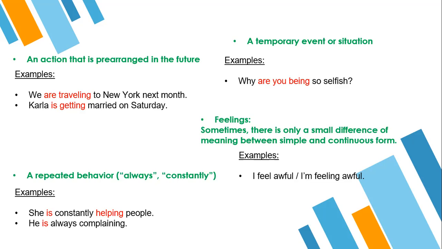Exactly, they are expressing the future. So just to recap, every time that we see a present progressive form using any time expression that talks about the future, it's going to be talking about an action that is prearranged.